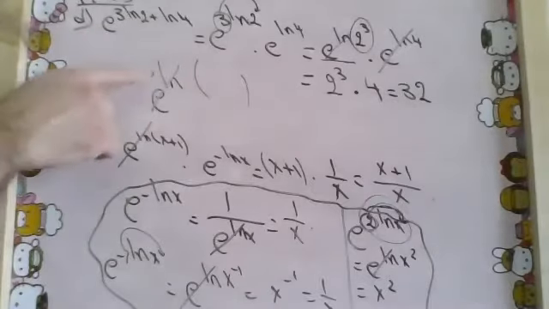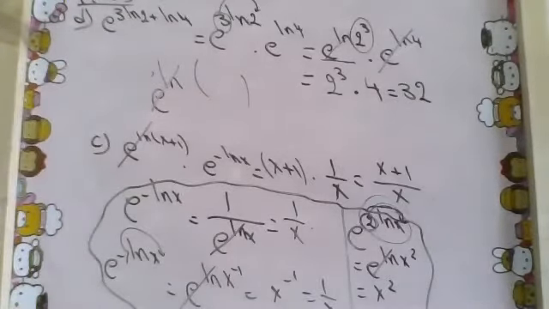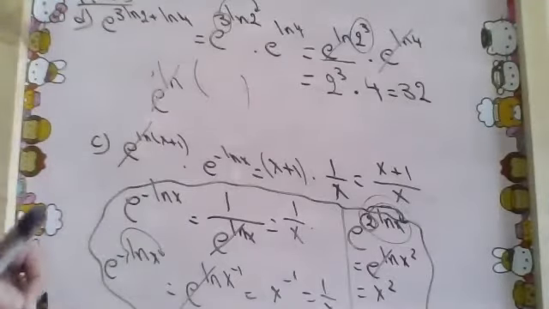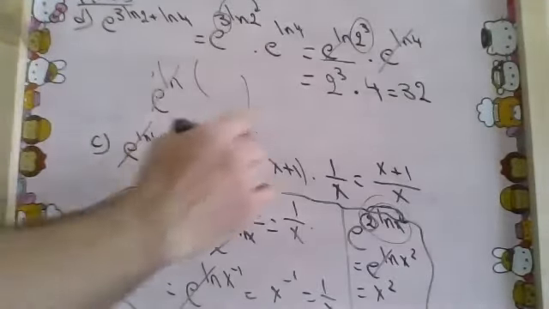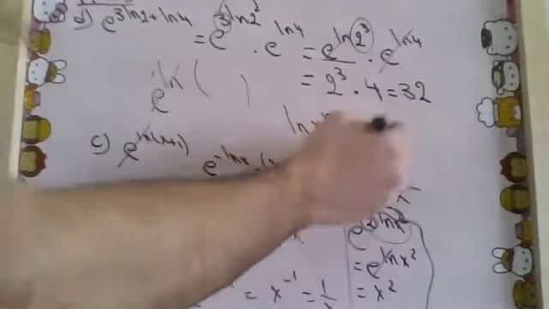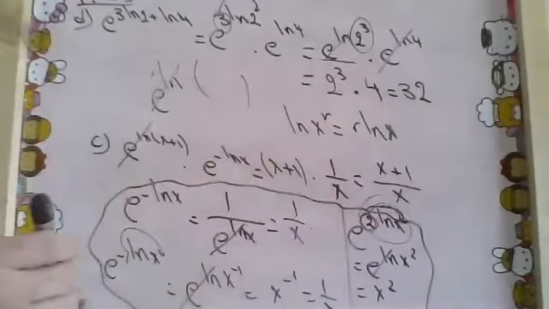In case you have a number, like 3 ln 2, the 3 will be an exponent inside the ln. We know that ln x to the power r is r ln x, whenever ln x is defined and ln x to the power r is defined.